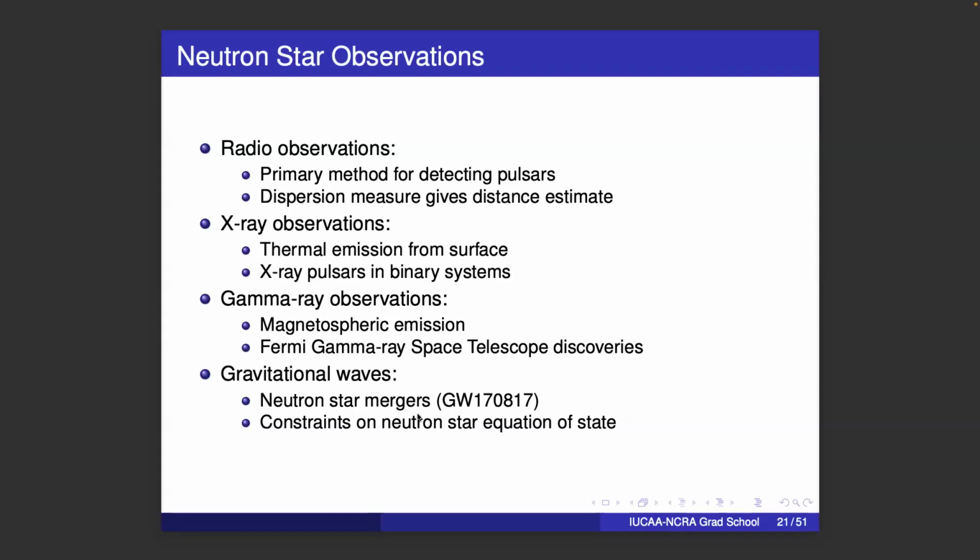But the unfortunate part is n_e is not constant. Depending on the direction where you're looking, the electron density can go up or down. We have some rough idea of what value it has in different directions. And therefore, you can get a rough estimate of the distance. But you can never get a distance unless you can measure the distance in some other way.